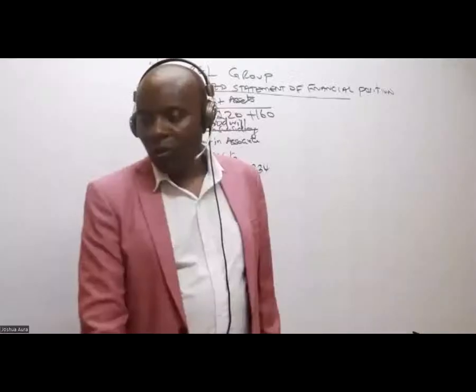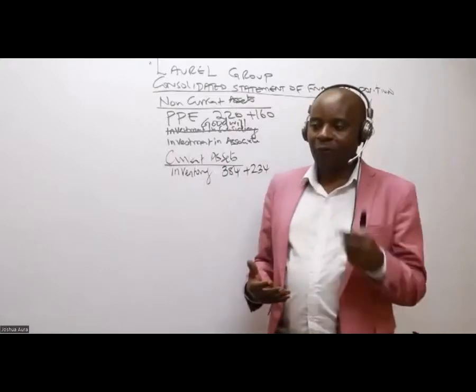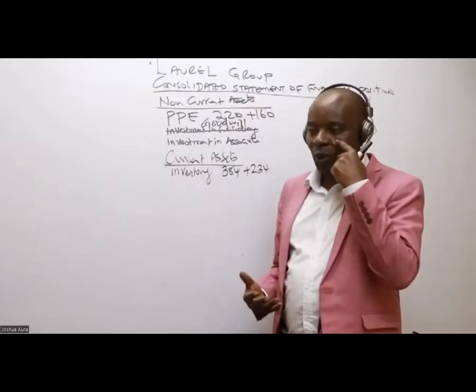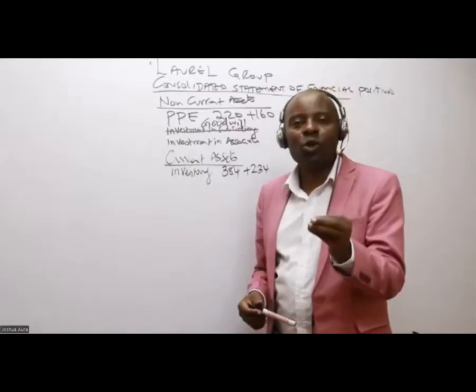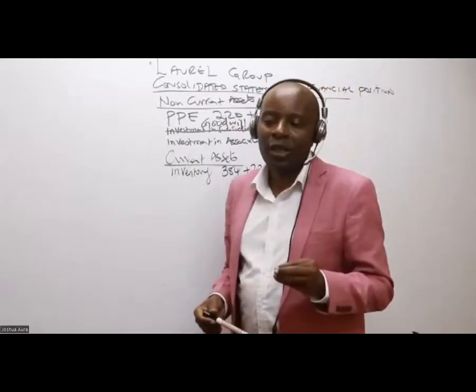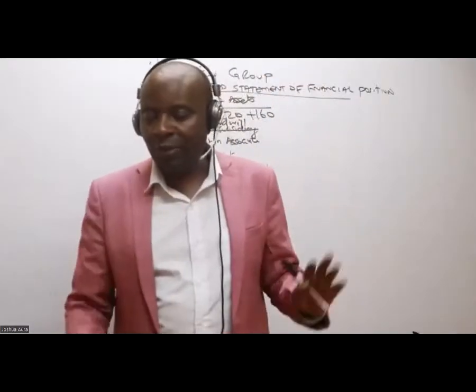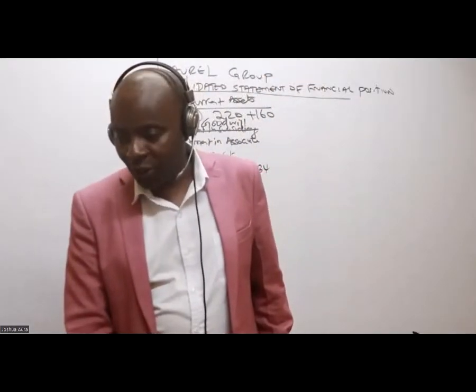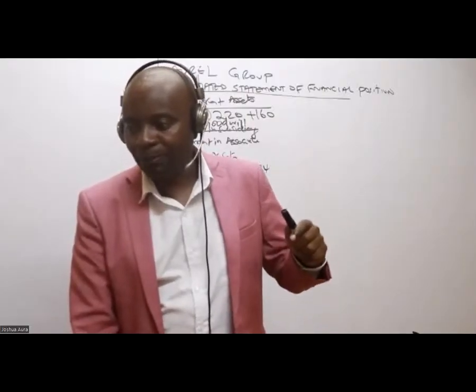Why am I not saying plus 122 for Comic? It's an associate and we are not allowed to consolidate associate figures. So we leave it like that and we are not picking anybody's calculator. Great, you guys are really following. You are bright people.